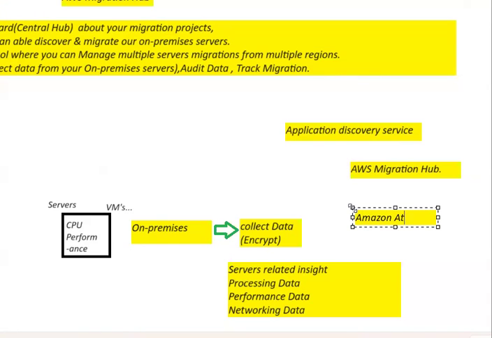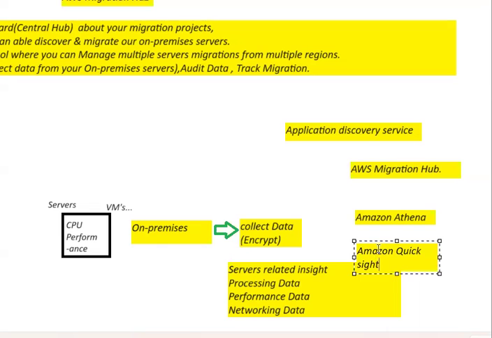You have to provide queries on this collected data, and we also have an option of Amazon QuickSight. By using that also we can analyze our collected, encrypted data, which is present in your Application Discovery Service. So these are the three ways where you can analyze your data, which is collected by using this Application Discovery Service.